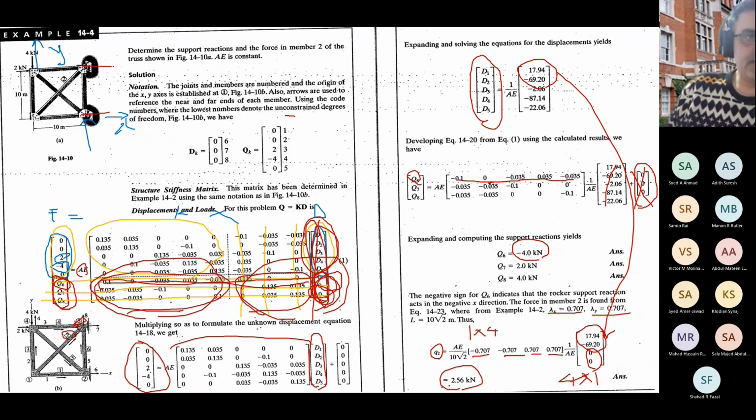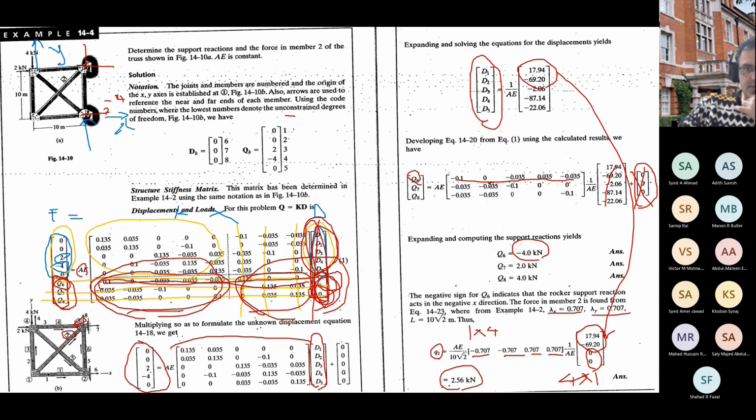You have this support reaction and these two, and you have two external forces. So as you see, the support reaction is -4. For example, here is -4.